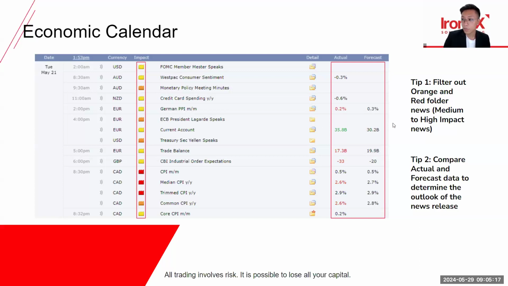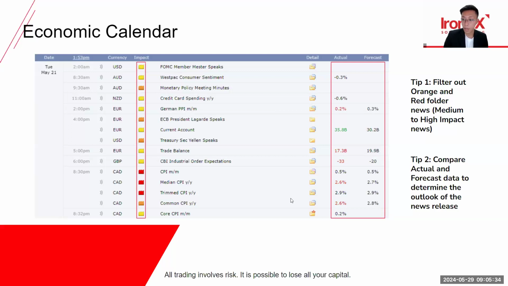Okay, so the first tip is to filter out orange and only the red folded news, as they are the medium to high impact news. And the second tip would be to compare actual and the forecast data to determine the outlook of the news release.